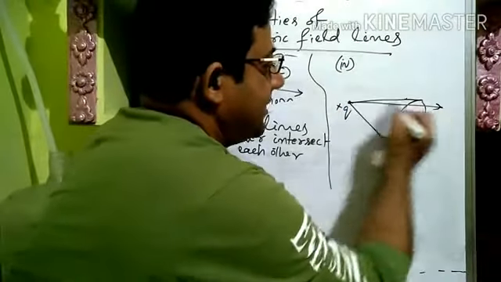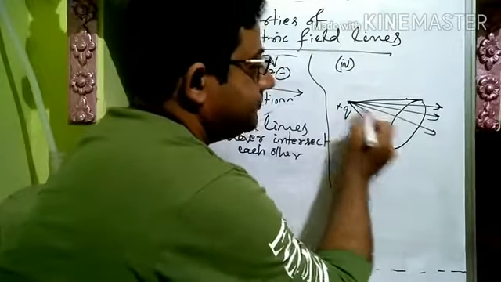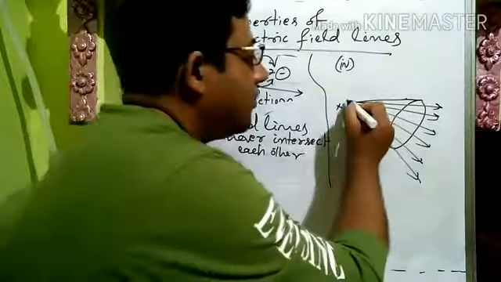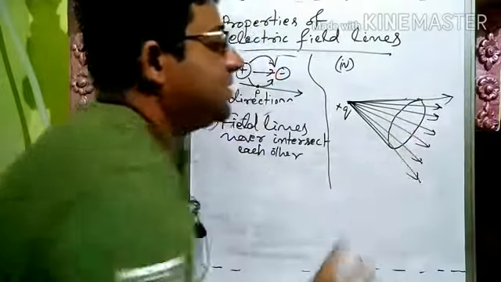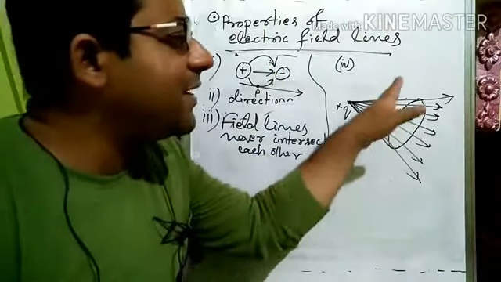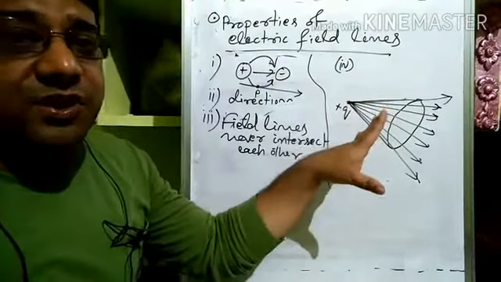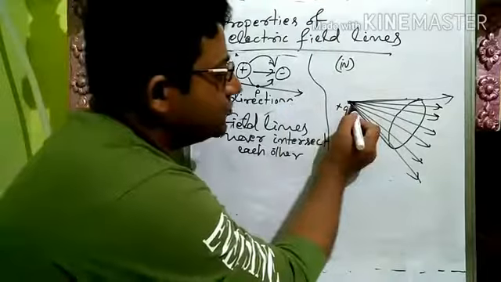So infinite directions, all the directions field lines are going, and these are infinite in number. I'm just showing 6-7 lines only, but you understand that there are huge numbers.